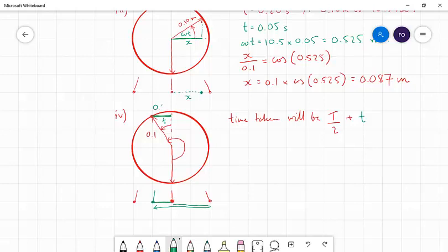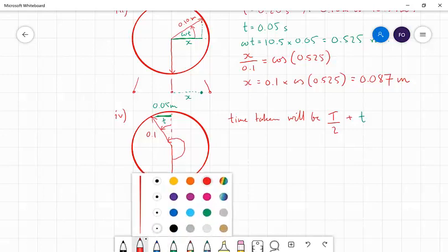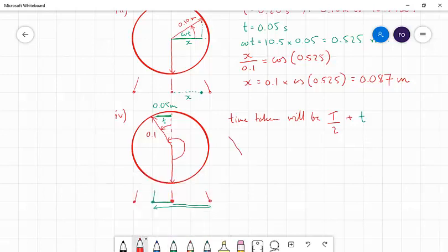So let's draw that triangle again, because it's gotten a little bit messy and small there. This distance here is 0.05. This distance is 0.1.